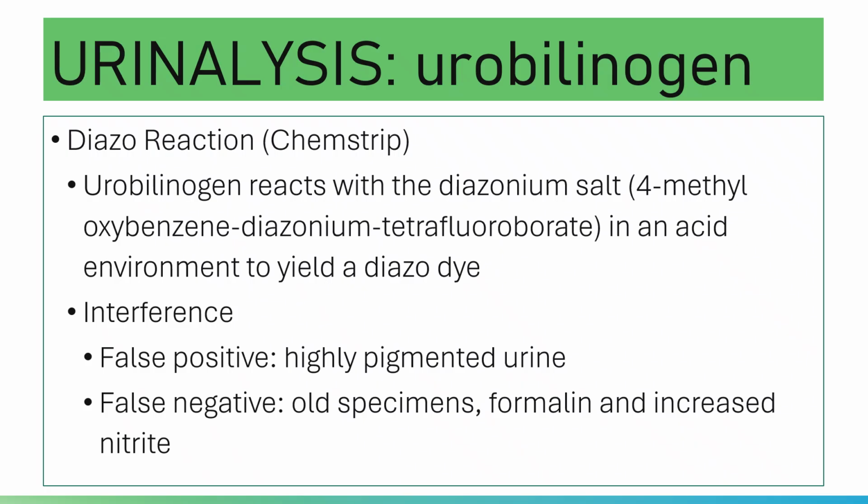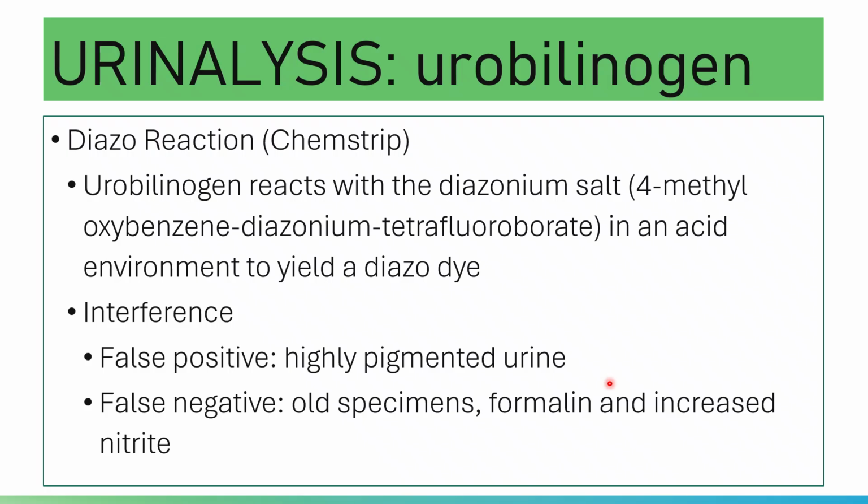In Chemstrip, the results are read at 10 to 30 seconds and the test can detect approximately 0.4 milligrams per dL of urobilinogen. Please note your Chemstrip, or the diazo reaction, is specific to urobilinogen.